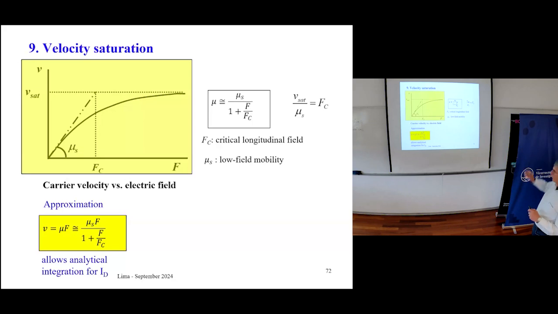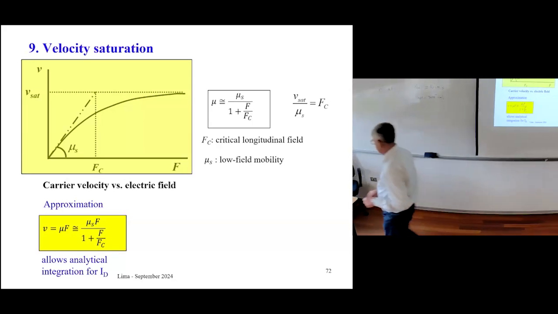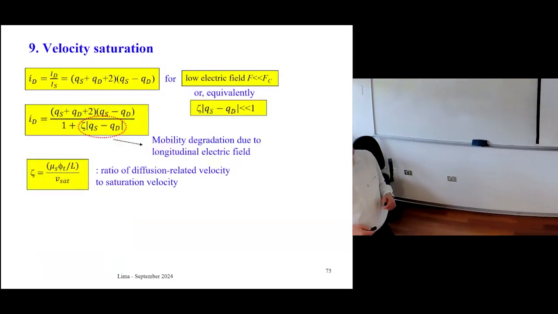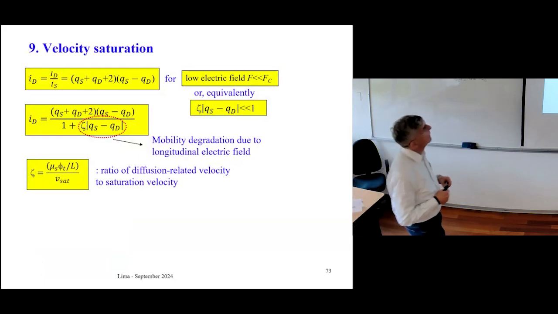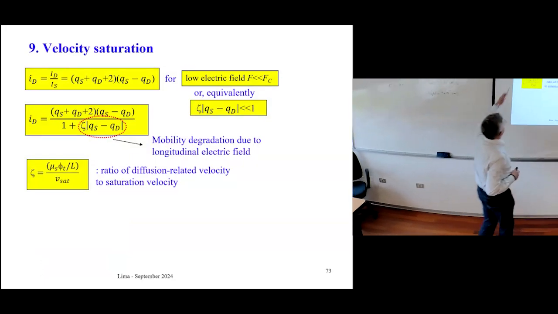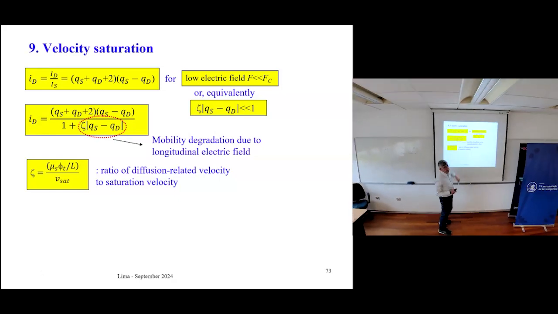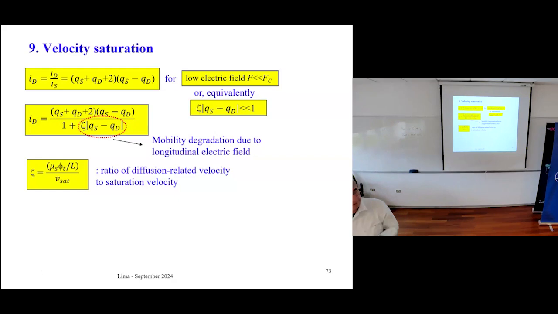Okay, so you have some algebra now. And with this model, we have modified the ACM model to include this fifth parameter. And this equation relates drain current with charge densities at source and drain.